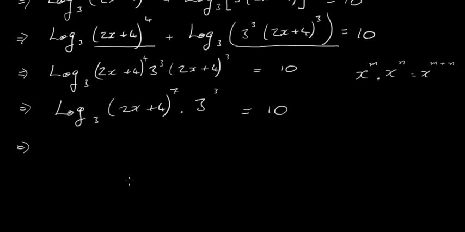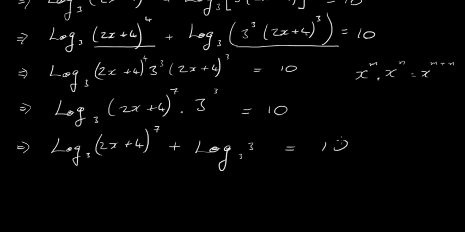I'm going to use the first law of logs again. I've got log of something times something equals 10. So I'm going to say log of 2x plus 4 to the power of 7, to the base 3, plus log of 3 to the power of 3, to the base 3, equals 10.